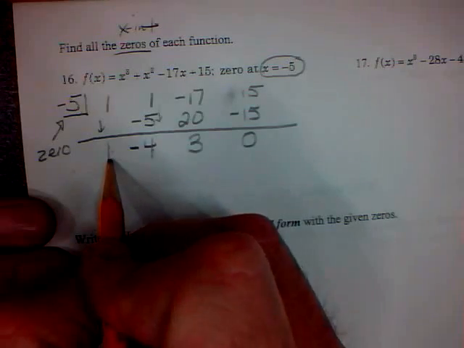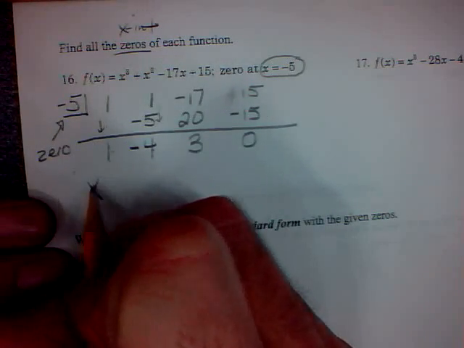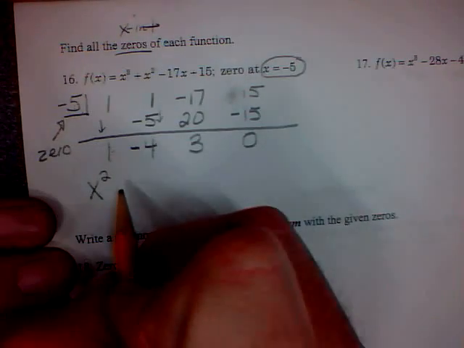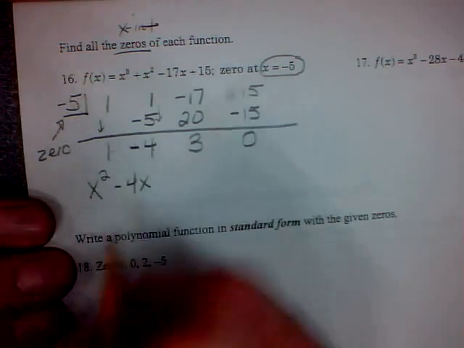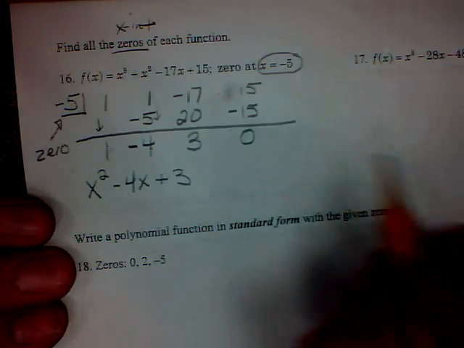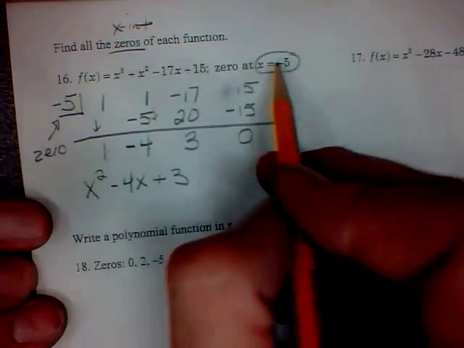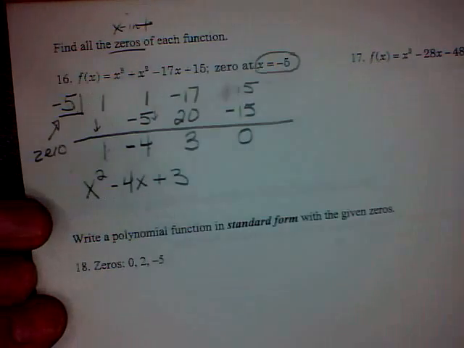So this coefficient is the first term, which is no longer x cubed, it's now x squared. So we have x squared minus 4x plus 3. And we have no remainder, so we have nothing there. This is our quadratic after we divide this zero out.